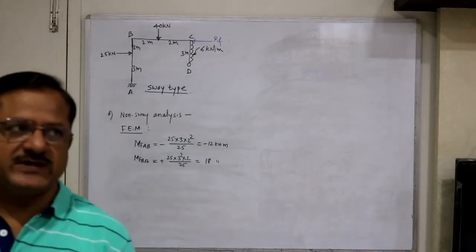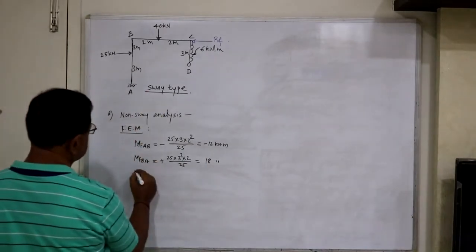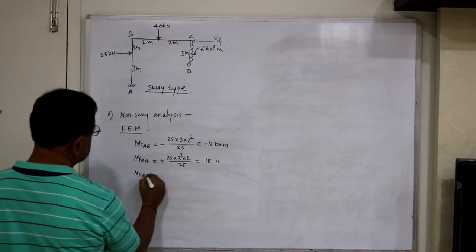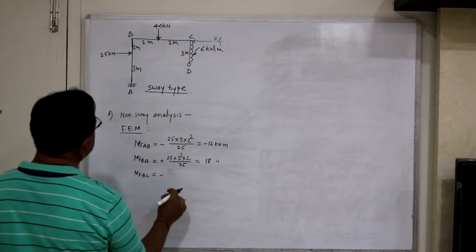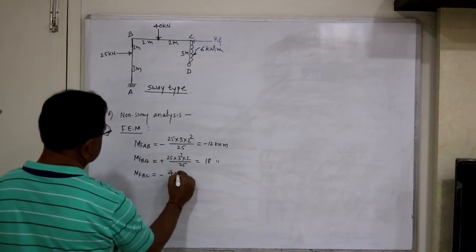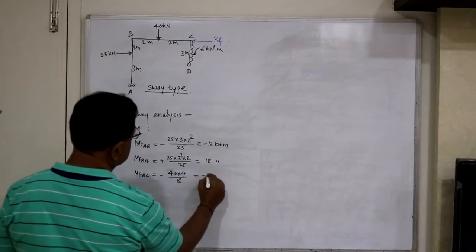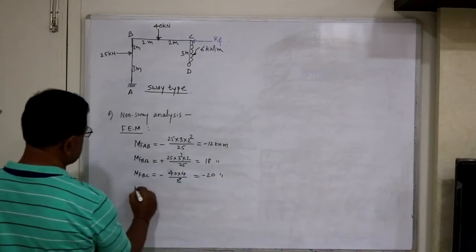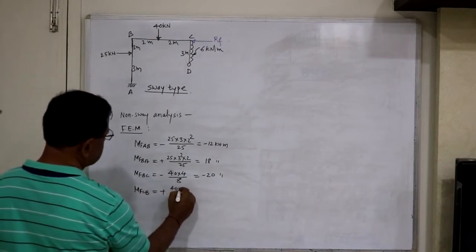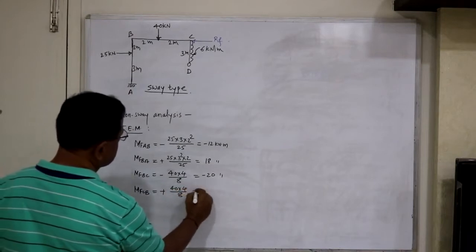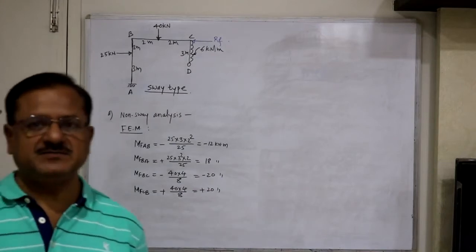So due to external loading, let's find out fixed end moments for all the members. Then beam BC, MF BC equals minus, this is a central load, WL by 8, so 40 into 4 divided by 8, this becomes minus 20. Then MF CB equals plus 40 into 4 divided by 8, equals plus 20 kilonewton meter. This is for member BC.